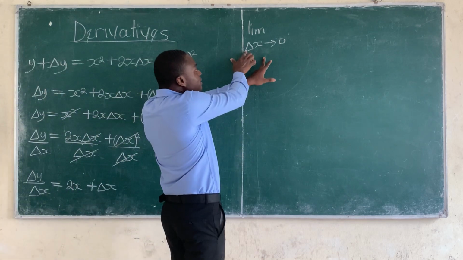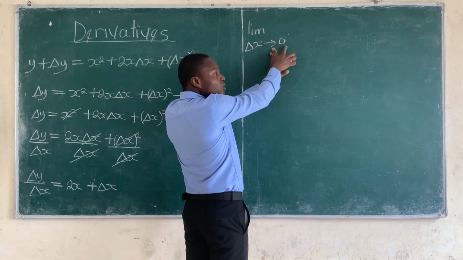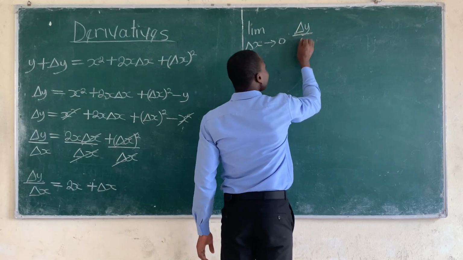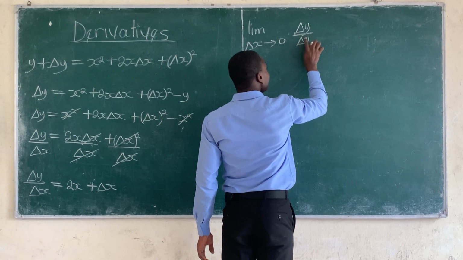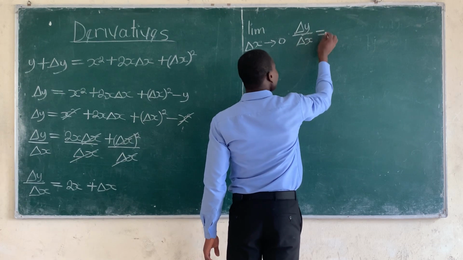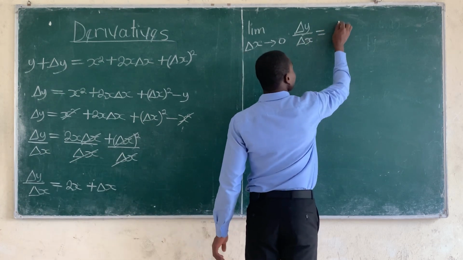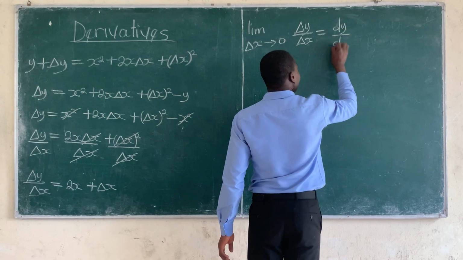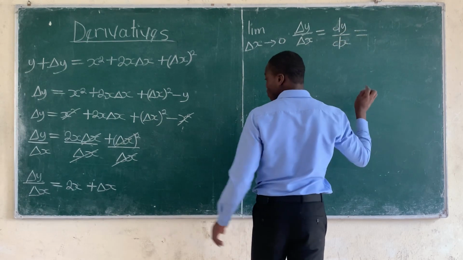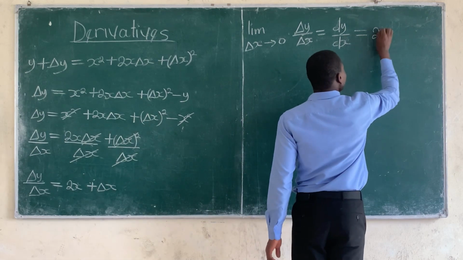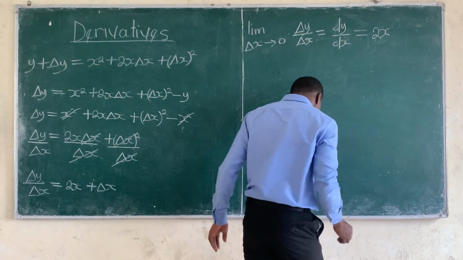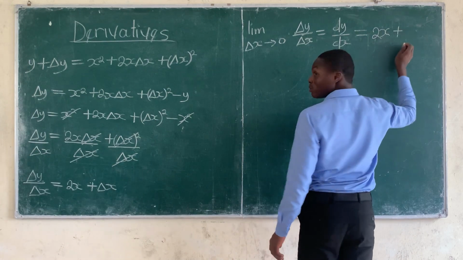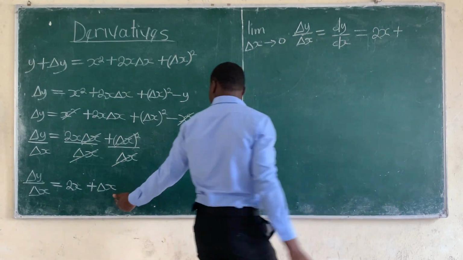So if we take the limit as the increase in x goes to 0 of the slope, which is increase in y over increase in x, this gives us the derivative, which is dy over dx, and this must be equal to 2x plus increase in x.